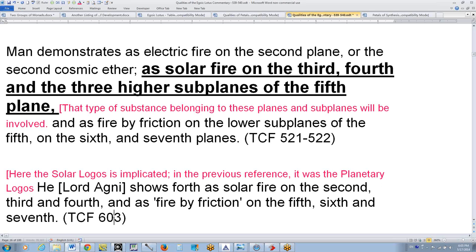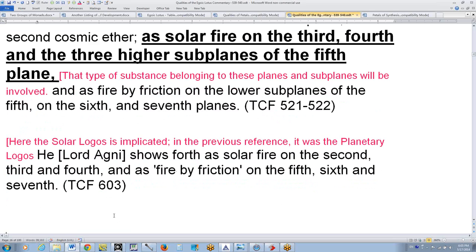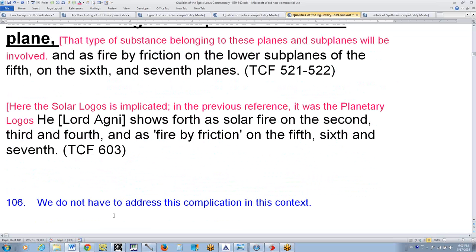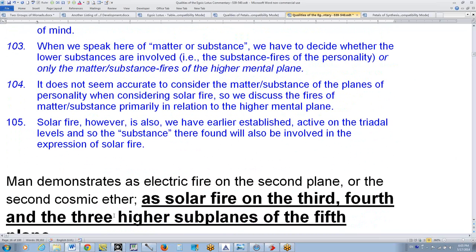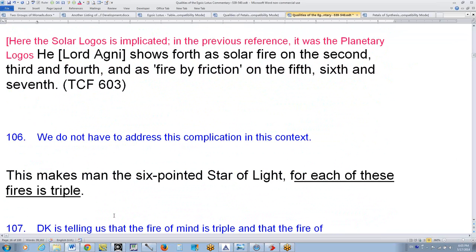And things move up and down a plane depending upon the type of being we're talking about. And here I've chosen the way out, let's just say, and said, look, we don't have to address this complication in this context, but I guess I have already somewhat addressed it.